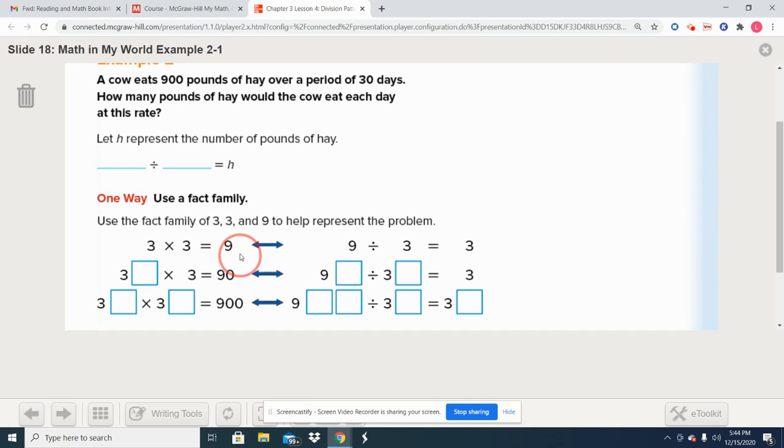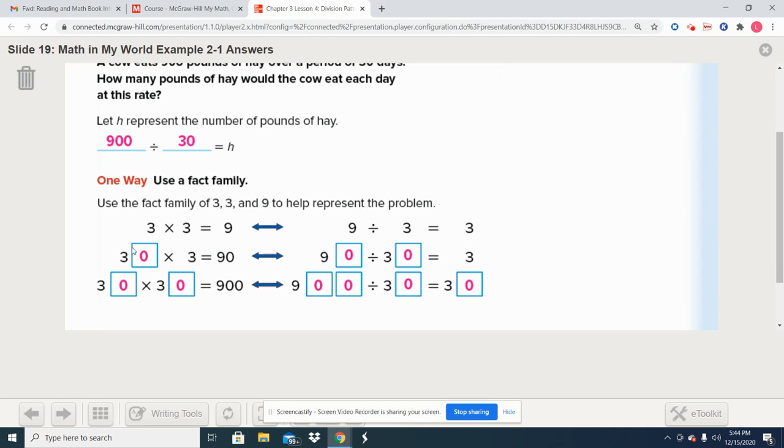3 times 3 equals 9. 9 divided by 3 equals 3. So that's the basic fact. Now we're just adding zeros. So we're just adding a 0 to 3, making it 30. 30 times 3 equals 90.